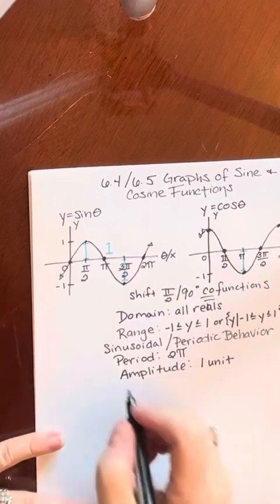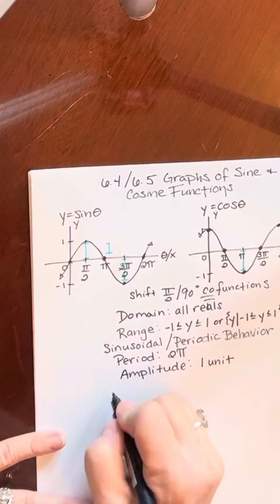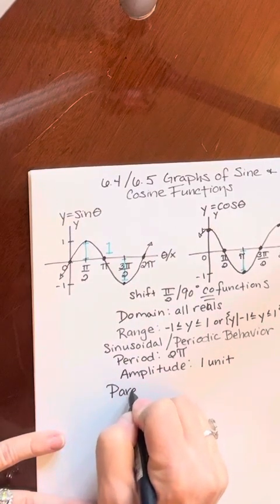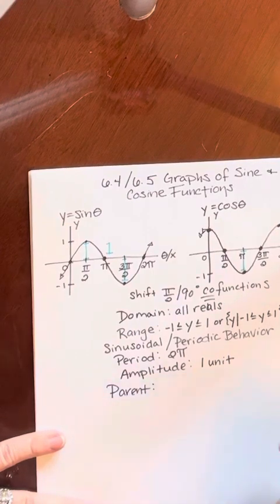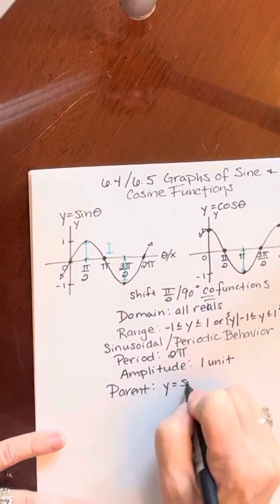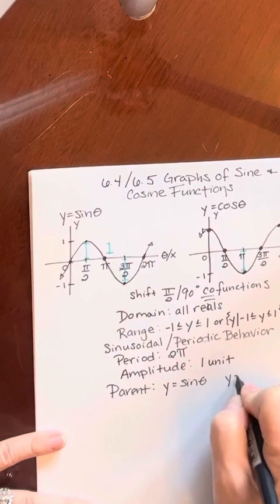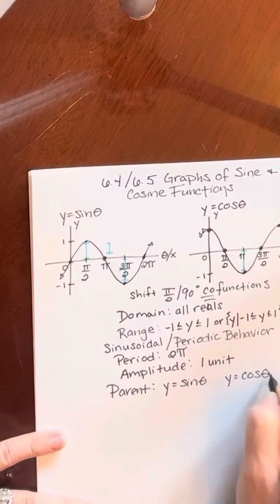Don't worry, it will change later. But right now we're going to talk about our parent functions. So you can add these actually to your other parent functions. Y equals sine theta and y equals cosine theta. Those are the parent functions.